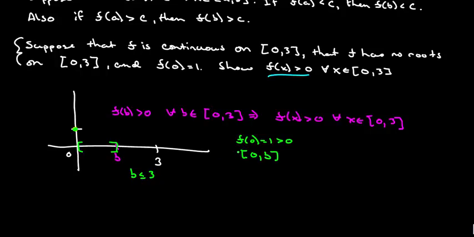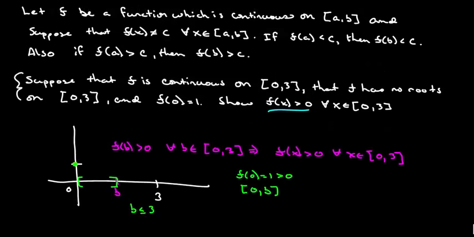So since it's continuous on this interval, first of all, it's continuous, and we know that it never takes on the value 0 because there are no roots in here. So f of x is never 0 for all x in the interval 0 to b.